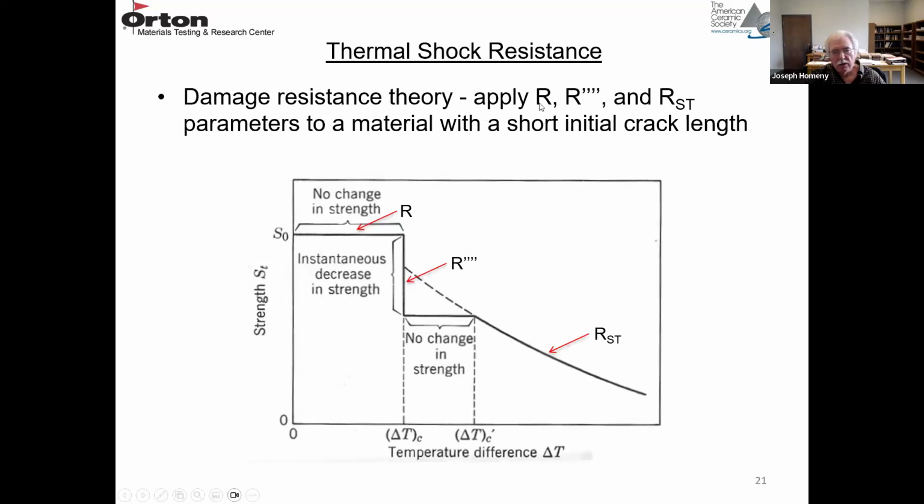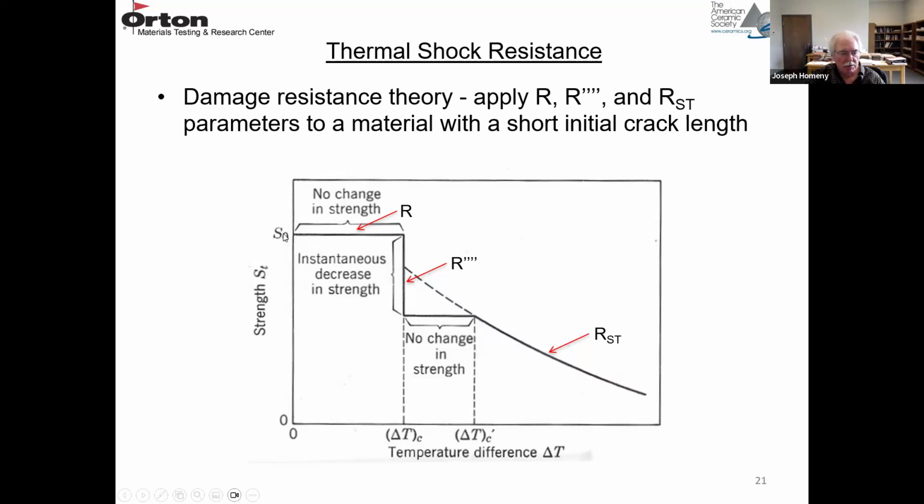So we can look at R4 prime and RST, and make a plot of strength versus a temperature difference, the delta T. That's the delta T of quenching. These are a rapid quench situation, and we're starting out with a material with small crack size.